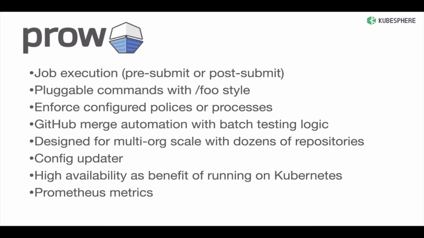Prow will merge your pull requests once they match some particular labels, for example, lgtm or approved.